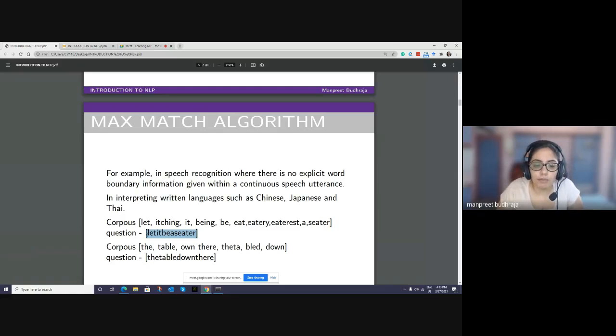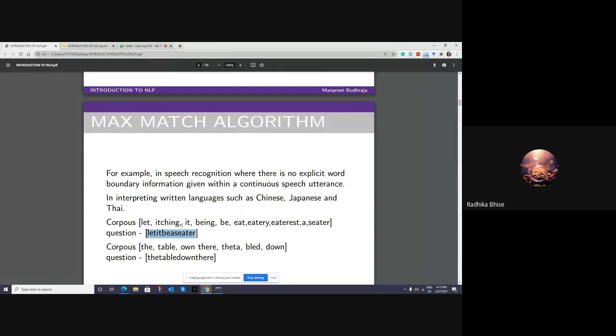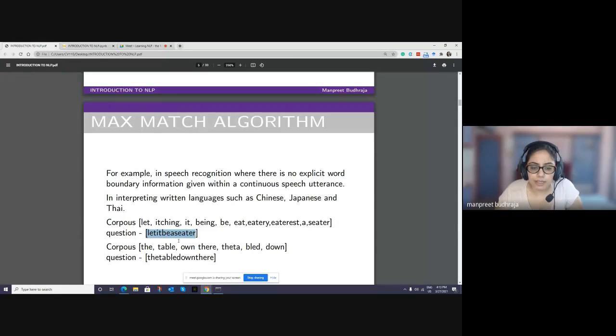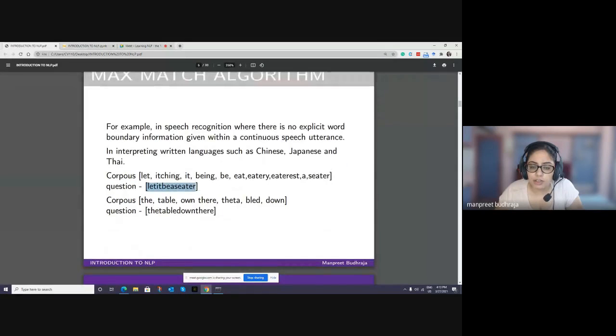You have this corpus, and now break this into the letters like you did before. Let it be a seater. Yeah, let it be a seater, but it could also be "let it be as eater" if it's not in this corpus. We could have seen it as eater also, right?